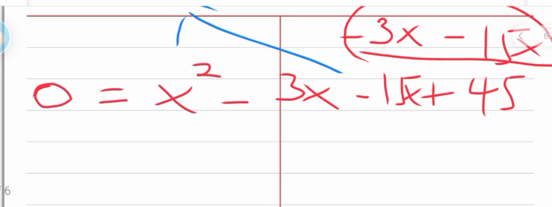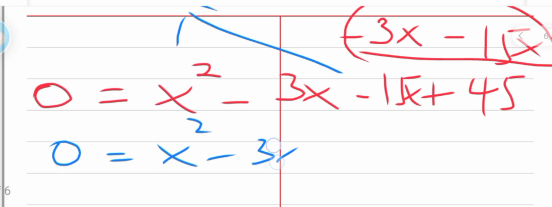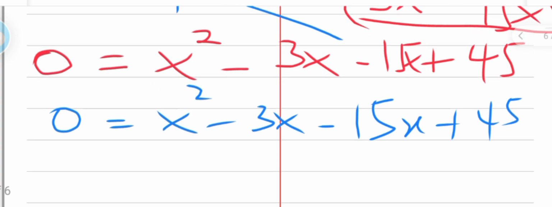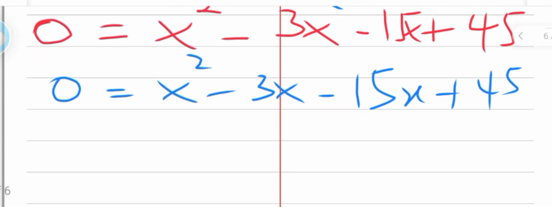So in continuing with the question, 0 is on the left hand side. x squared minus 3x, I want to rewrite it so that we can see it clearly, minus 15x plus 45.